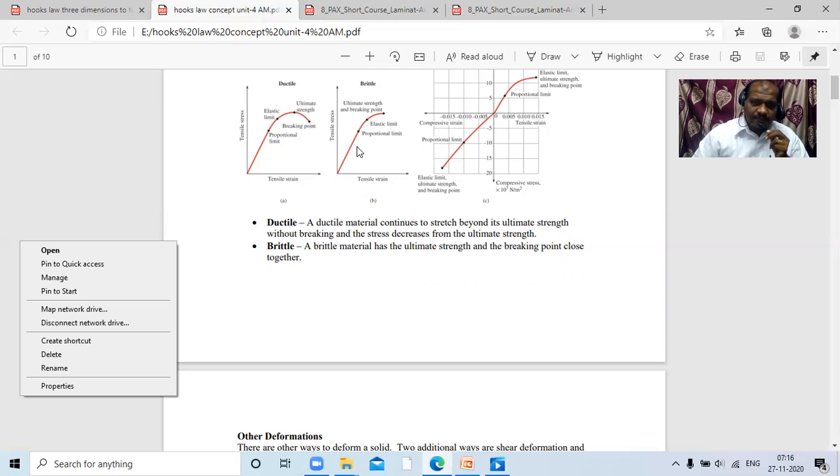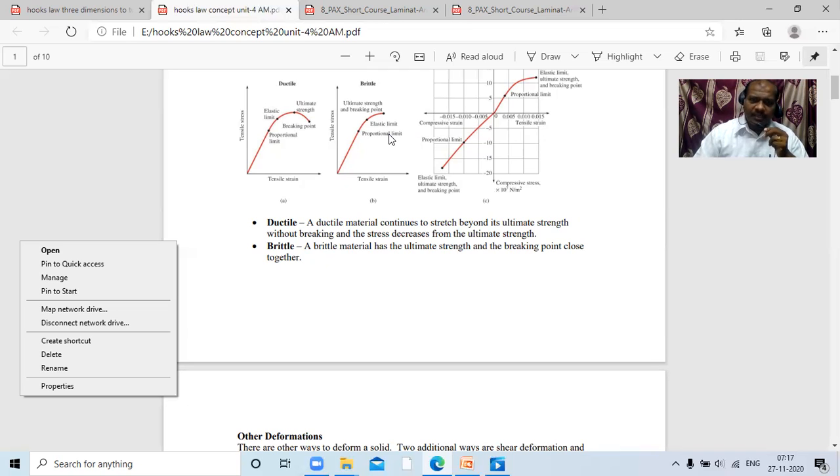If you observe the same for a brittle material, this is the tensile strain, this is the tensile stress, this is the proportionality limit, this is the elastic limit, and this is the ultimate strength and breaking point. Here, the brittle material fails suddenly. The ductile material has given an indication that its stresses are going to be decreasing after the load point, but in the brittle material, at the ultimate strength only, the material is going to fail.